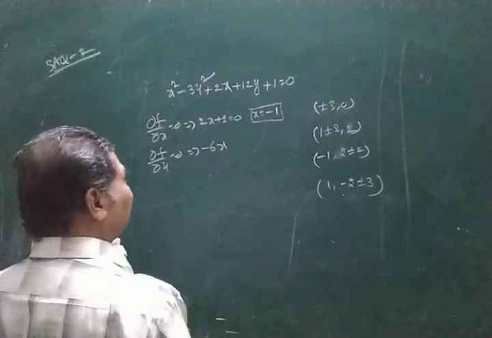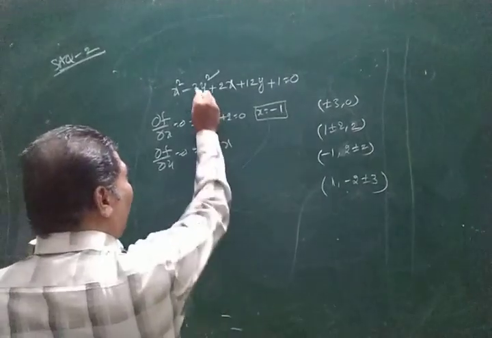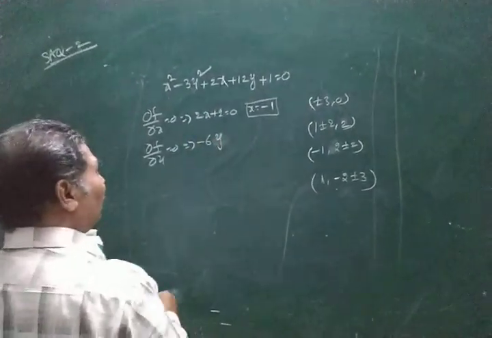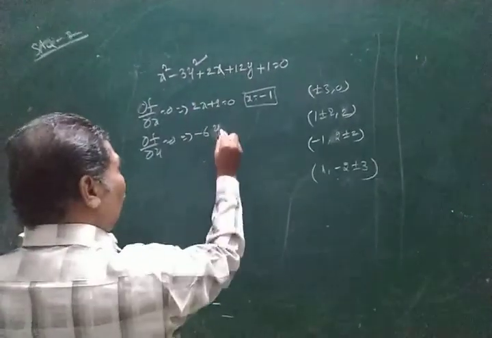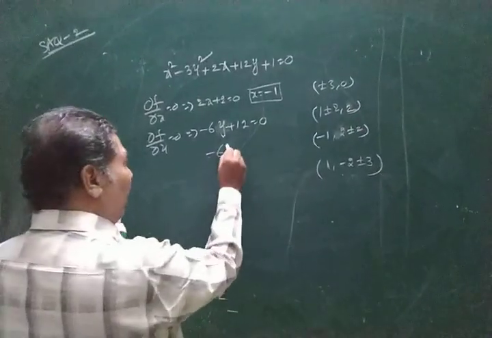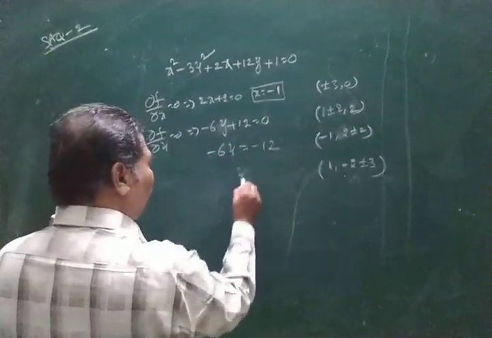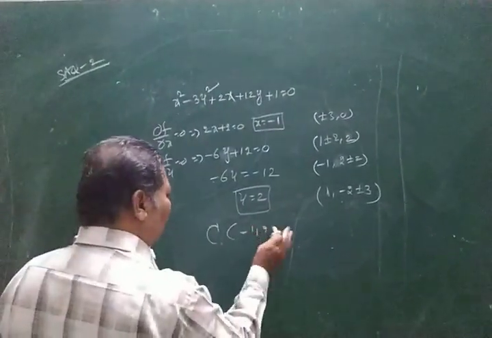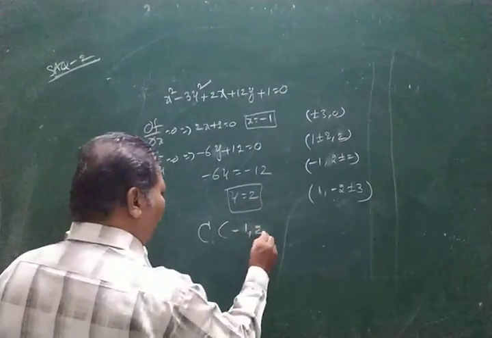Minus 6y plus 12 equal 0. Minus 6y equal to minus 12. Y value 2. Center minus 1 comma 2.